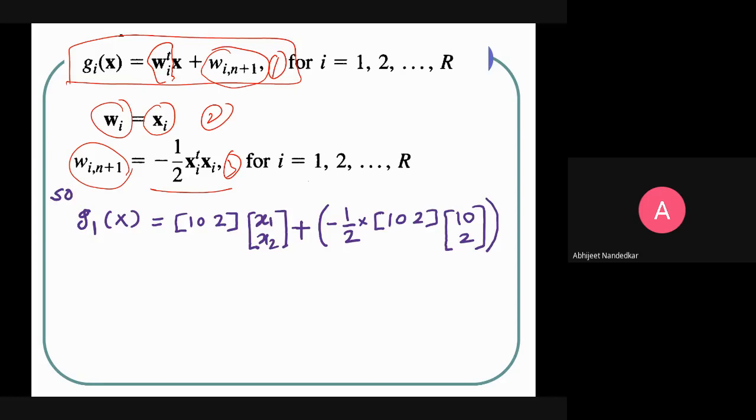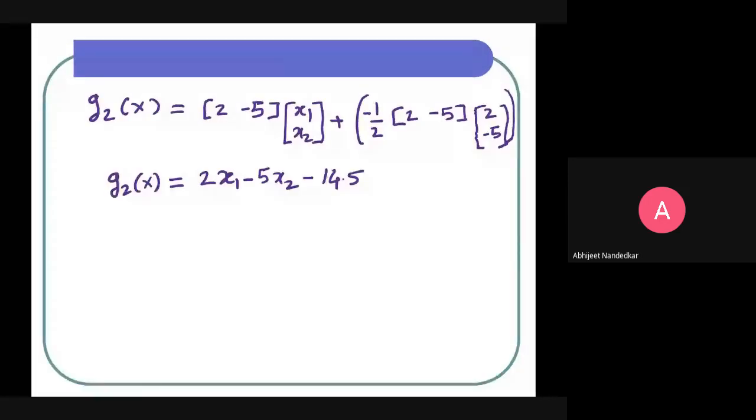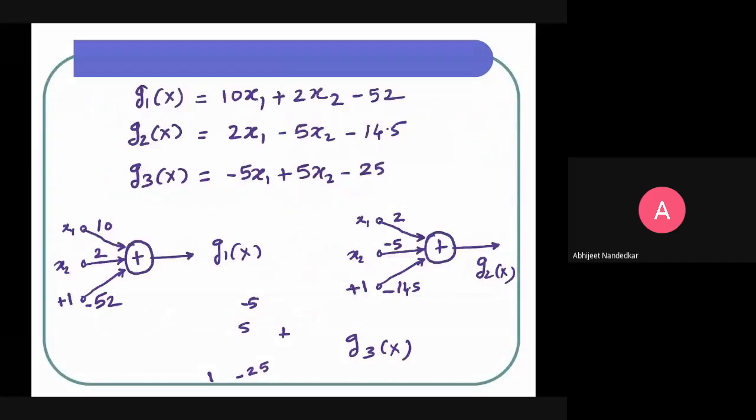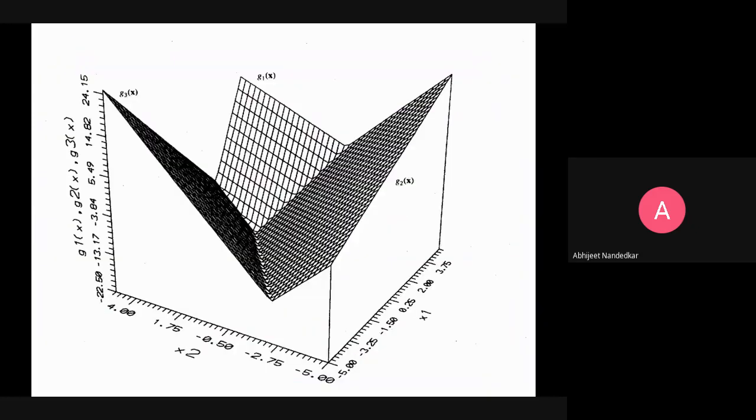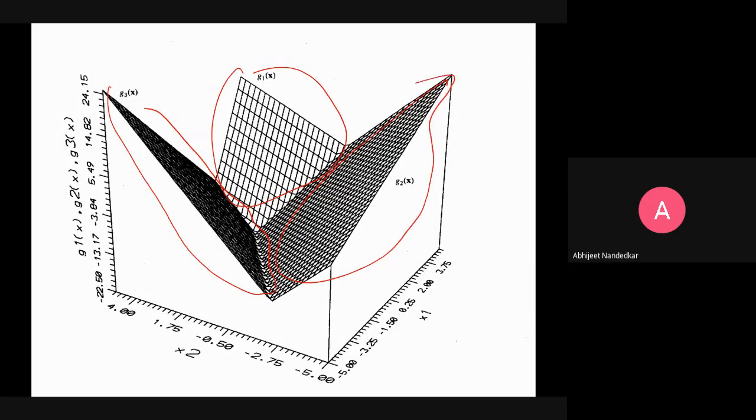For a given problem, if I keep doing this, I can form 3 equations. If you plot using your computer, you will see that these 3 planes are formed due to G1(x), G2(x), G3(x).